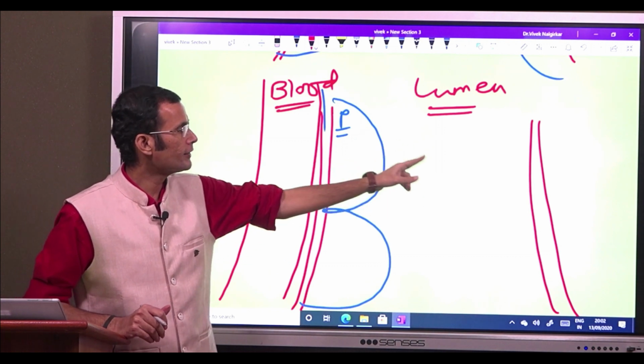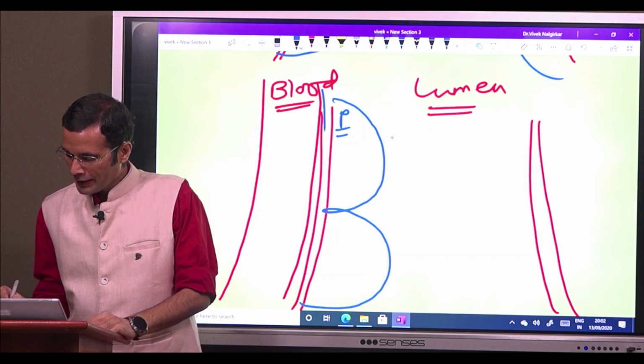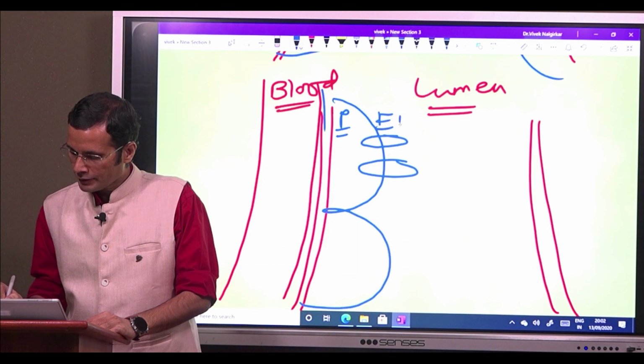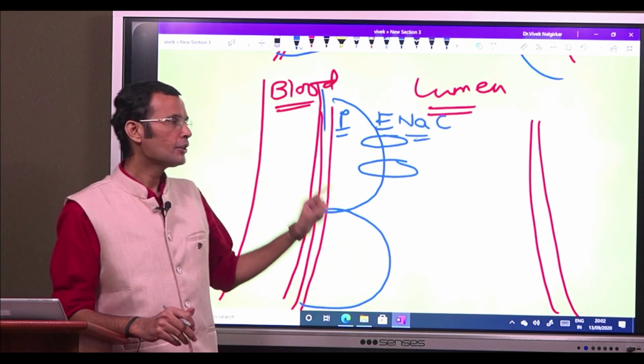The side that faces the lumen is called the apical membrane. This apical membrane has the channel called ENaC, epithelial sodium channel.